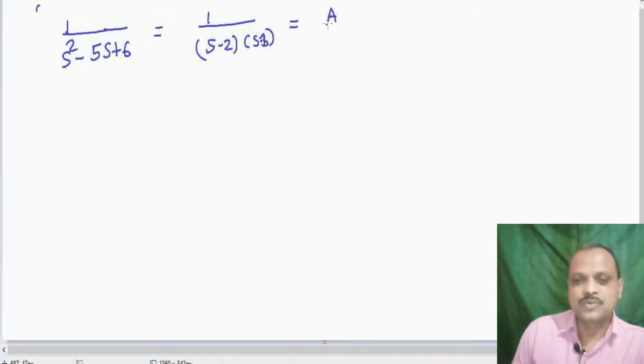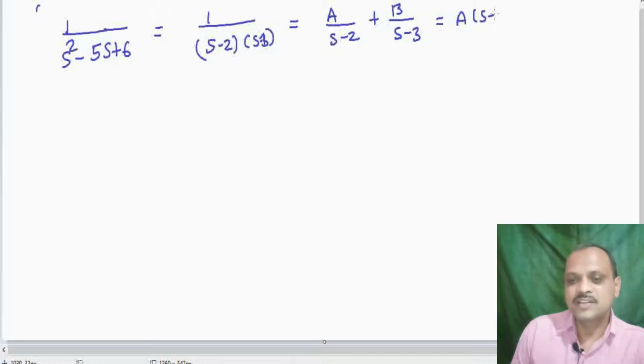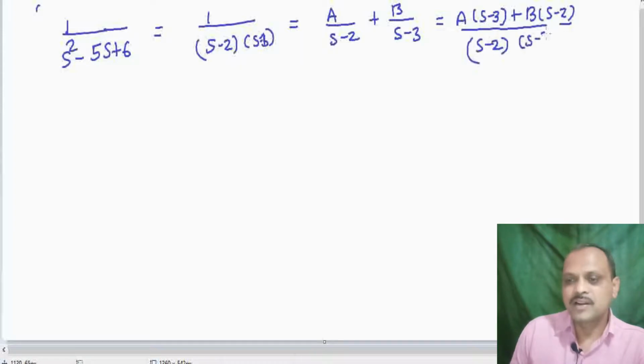We write it as A divided by s minus 2 plus B divided by s minus 3, which is A into (s minus 3) plus B into (s minus 2) divided by (s minus 2) into (s minus 3).